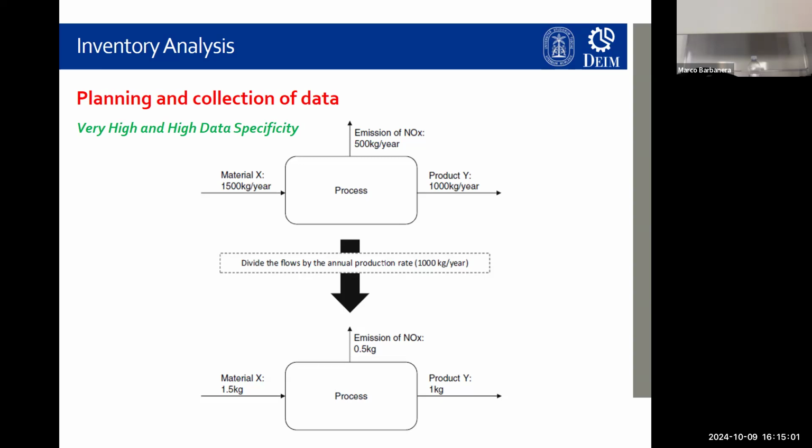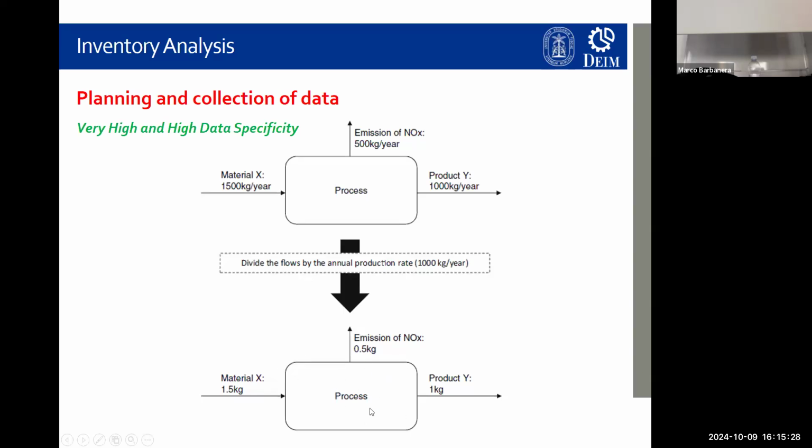So if our functional unit for this process is 1 kilogram of the output product, in this case, we have to recalculate each input and output data by dividing each value by 1,000 kilograms per year of output product.